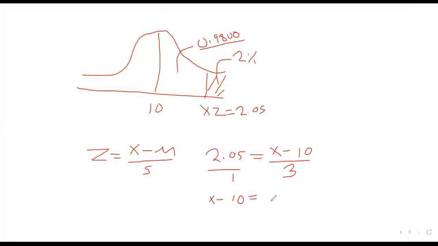This one by that one, multiply 3 times 2.05. So what are we getting? Excuse me, not 2, it's 3 times 2.05. Yes, it's 3. Thank you. So what are we getting?